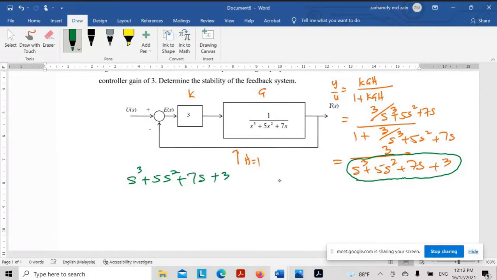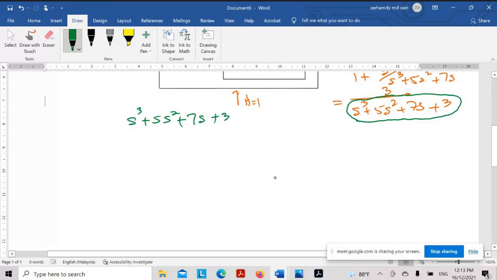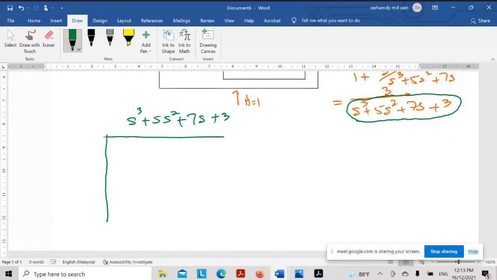So what do we have to do? We come up with the Routh-Hurwitz table. Let us make it like this. This is S to the power of 3, then S squared, S1, S0.